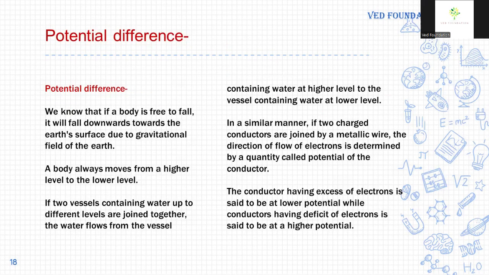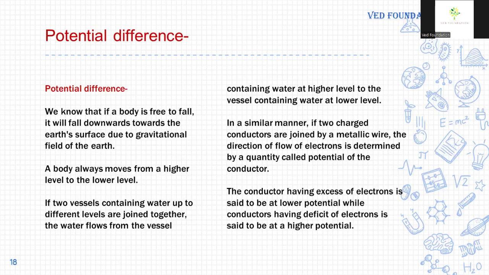Potential difference. We know that if a body is free to fall, it will fall downwards towards the earth's surface due to the gravitational field of the earth. A body always moves from a higher level to a lower level. If two vessels containing water up to different levels are joined together, the water flows from the vessel containing water at a higher level to the vessel containing water at a lower level.